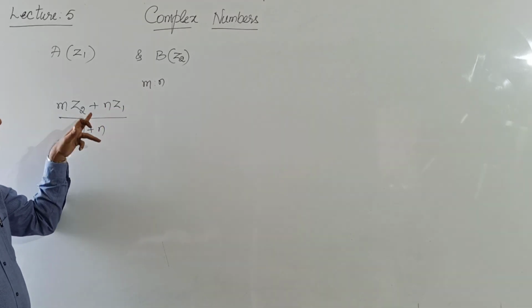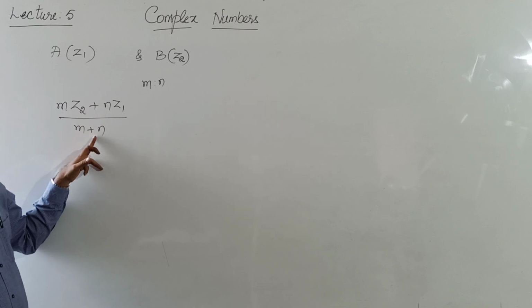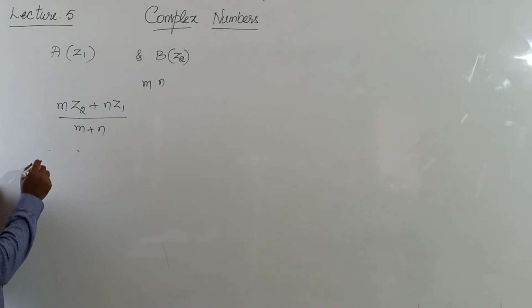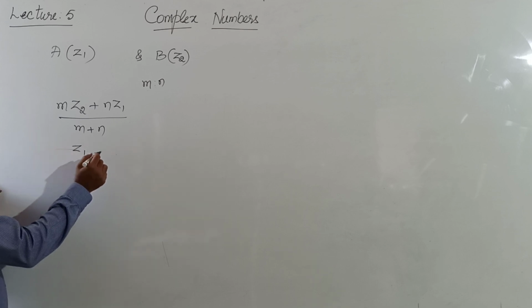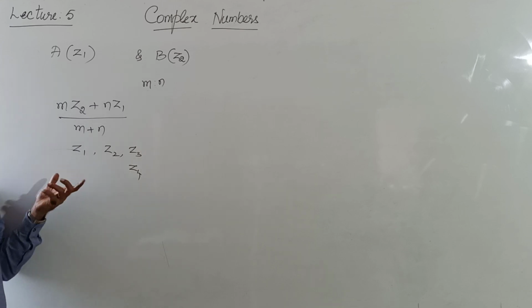If it is external division, we go for (mz2 minus nz1) divided by (m minus n). Then you will get problems where 4 complex numbers are given, z1, z2, z3, z4. The question is, what do they represent?